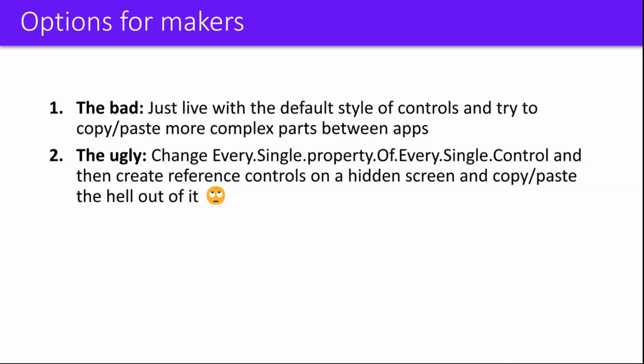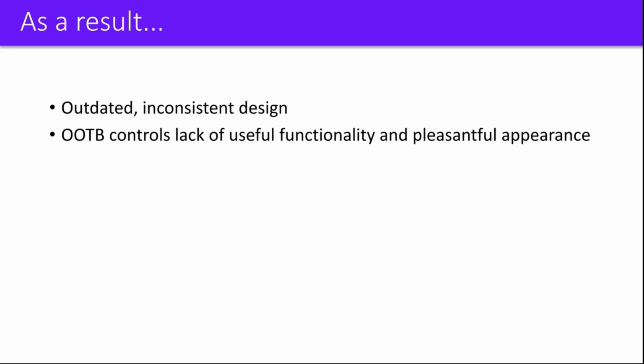But maybe you guessed it, that is painful as well, because I promise you, you forget one property and then you copy and paste your bugs around your apps, or it does not really look nice in the first place either. And as a result, we get a really outdated and inconsistent design. And some of these out-of-the-box controls really lack functionality.